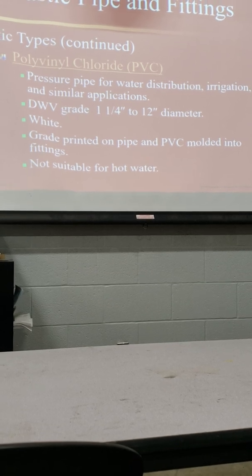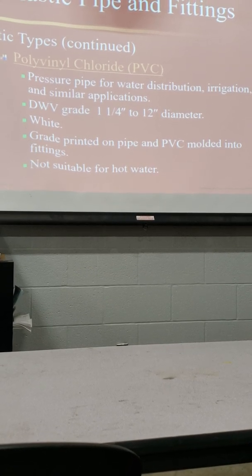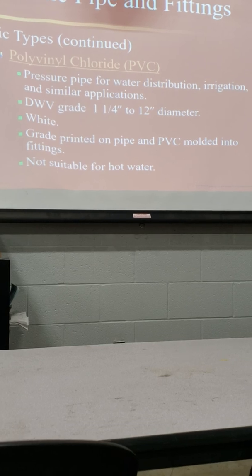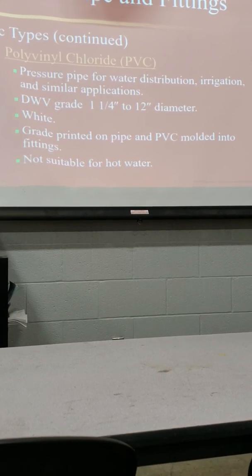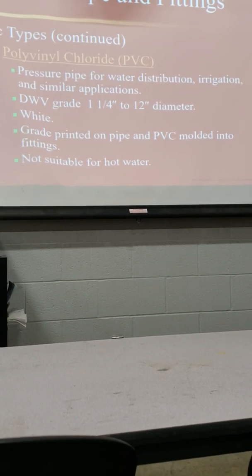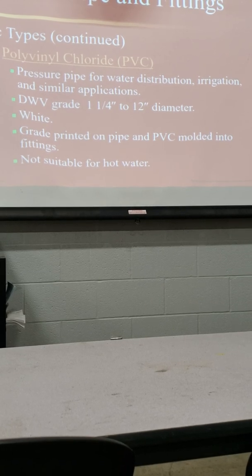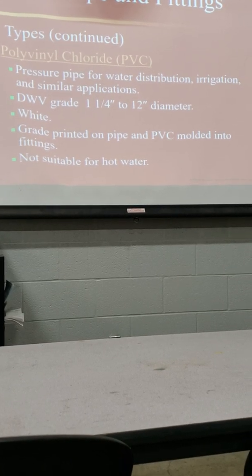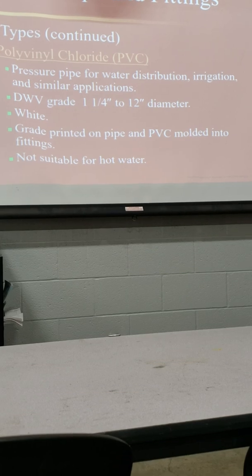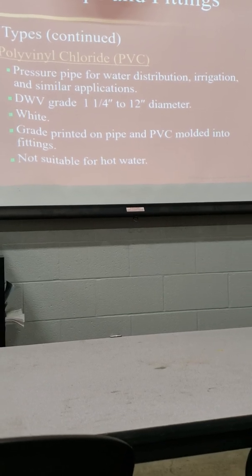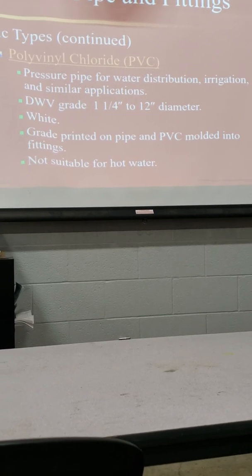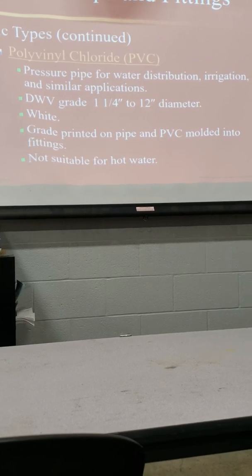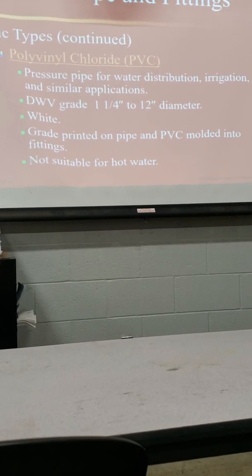Alright, so our white PVC pipe is for cold water applications only. Alright, we would use that possibly from the meter to the house, or in our irrigation system, and all throughout our drain, waste, and vent. Alright, when we get to the source, typically we branch off inside.